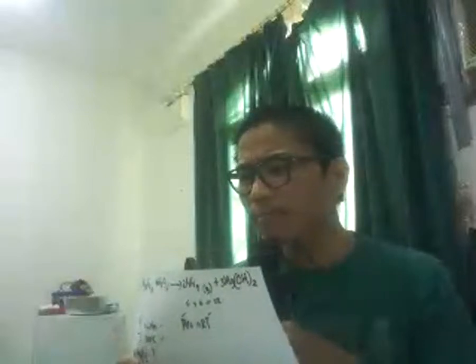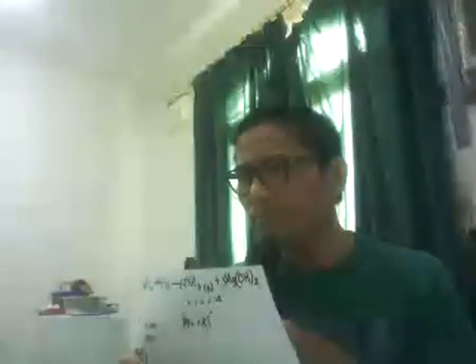Now we have the number of moles of ammonia, 0.30546. Already obtained that one. Let's continue our solution.